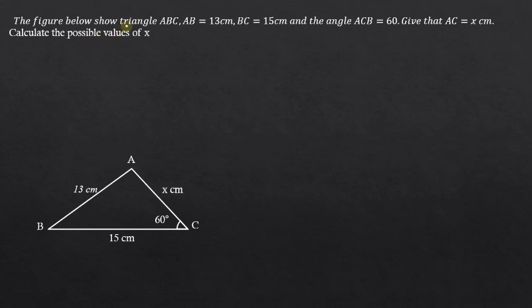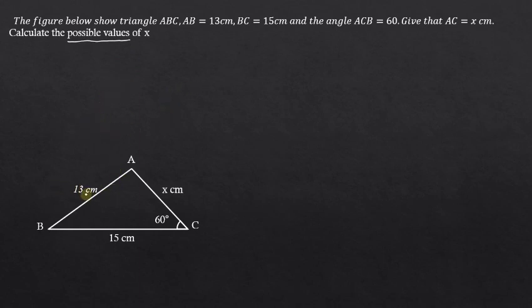They say solve the figure below, and we are supposed to find the possible values of x. So you should take note of the question. They say you should find the possible values of x. This means that the probability that we have more than one x is very high here, right? So let's see, what do we have here?